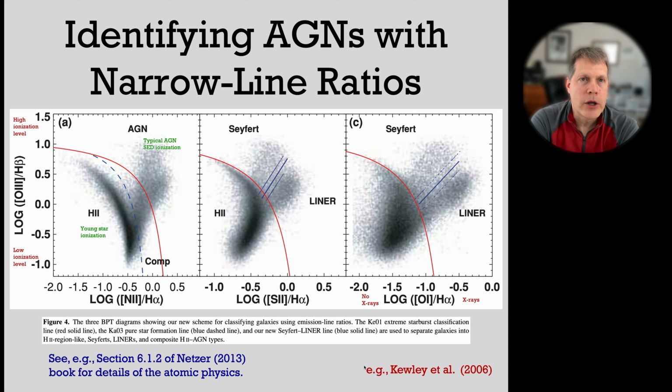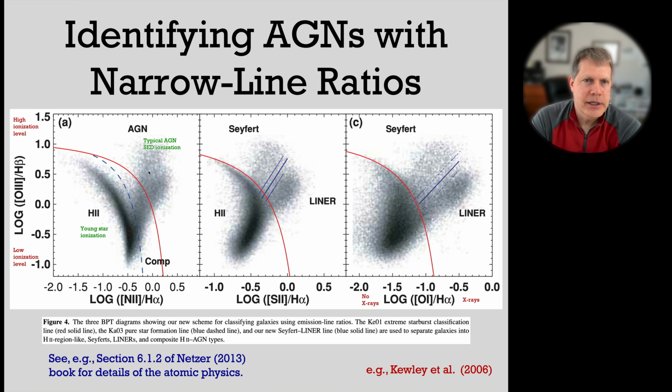Another very useful aspect of the NLR lines is that they can be used to identify AGNs using narrow line ratios. This is often done with these diagnostic diagrams shown here, where people have gone out and gotten large numbers of spectra, many thousands or even more spectra of galaxies.